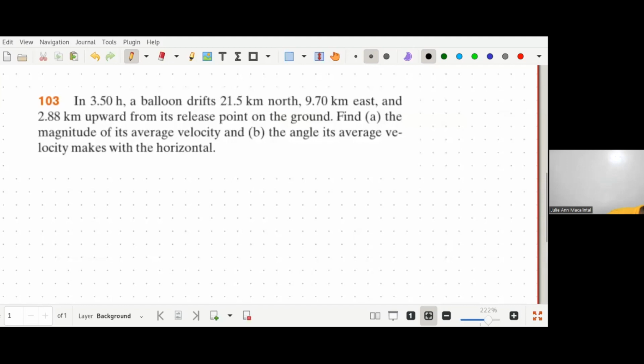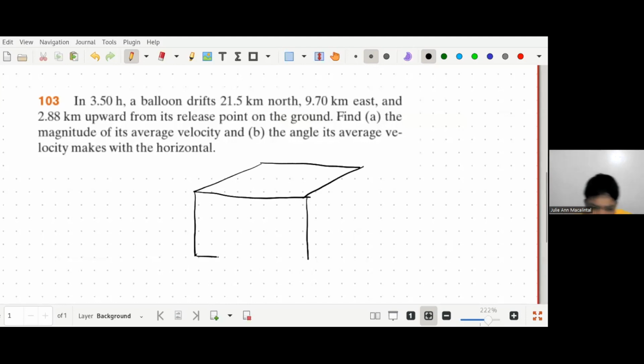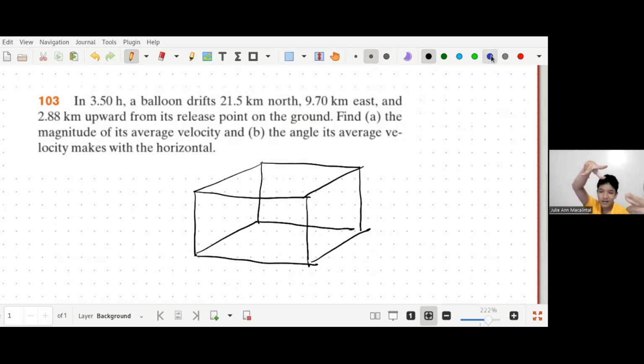Yung Pythagorean theorem, pag pinaprove natin in three dimensions, ginagawa natin, divide and conquer. So we have a box. From yung opposite corners, ang gagawin niyan, compute this length. For example, itong opposite corners na to, yan yung vector. So, compute muna tong length na to. And then, once you have that length and this height, compute this length.